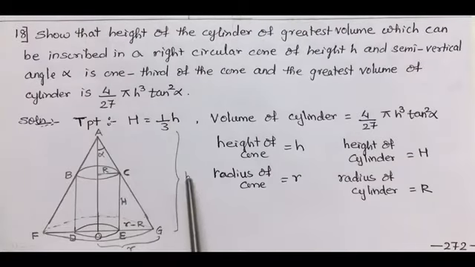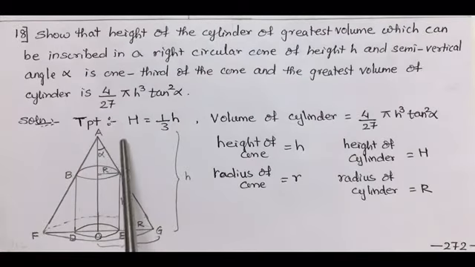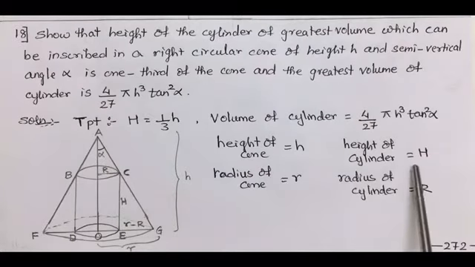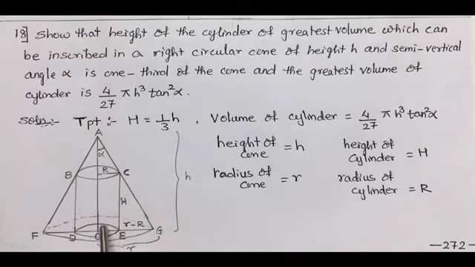Now all the small letters, that is small h and small r, will be the dimensions of the cone. Capital H and capital R will be the dimensions of the cylinder which is inscribed inside the cone.